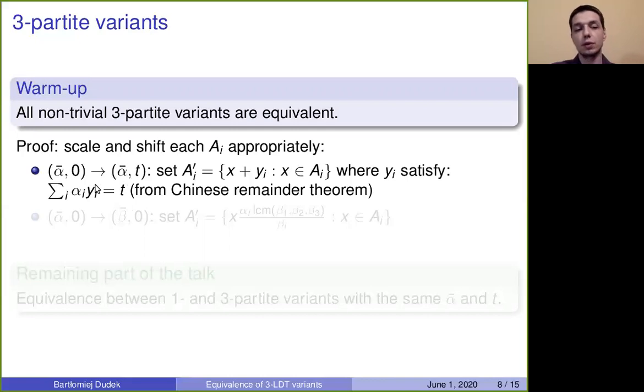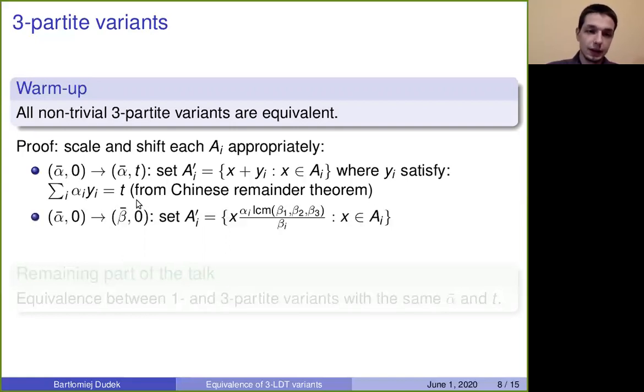And similarly, if we want to move from non-zero t to zero t, we only subtract twice. And when t is 0 and we want to change alphas to some different coefficients beta, we simply rescale every set and need to remember that we operate on integers. So that's why we cannot obtain rational numbers.